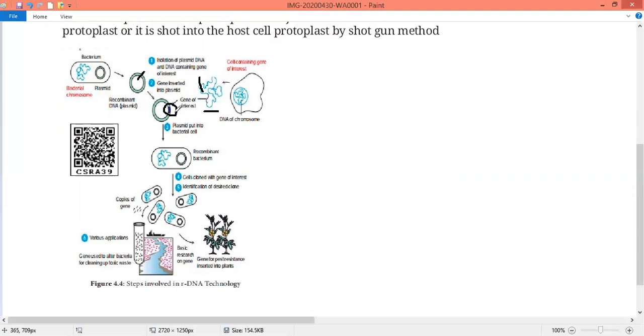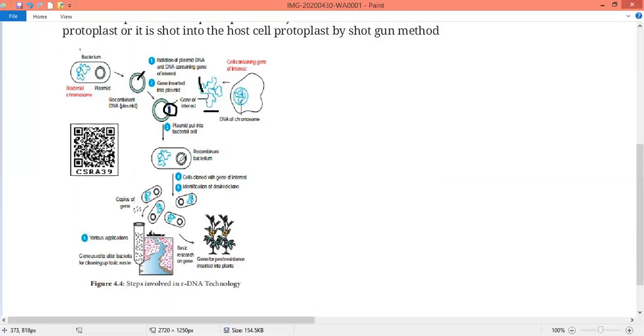We call it plasmid DNA, also called vector DNA. This vector DNA, or recombinant DNA, is directly transferred into the host cell, whether a homogeneous host or a heterogeneous host. You can take the cell from where we extracted it, or else you can transfer it into a new kind of bacterium.